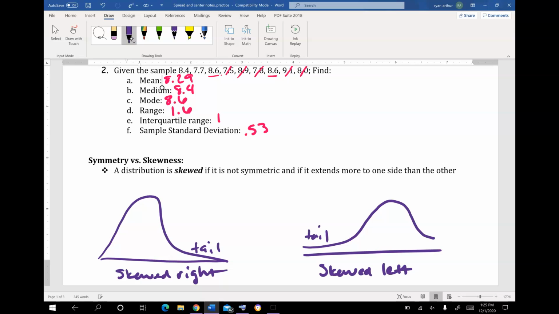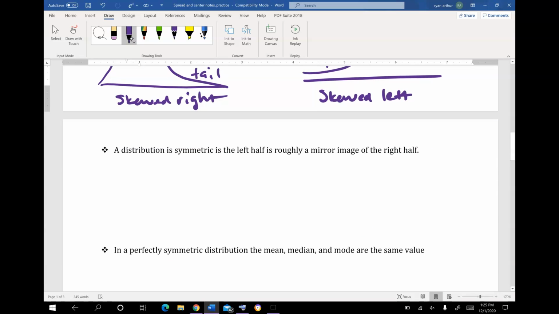Okay? Now, a distribution is symmetric if the left half roughly mirrors the image of the right half. So a symmetric one is going to look like it says, symmetric, okay? Now, you know, I can't draw symmetric, but symmetric is where you can't tell where the tail is. It looks like it's on both, so this would be symmetric.